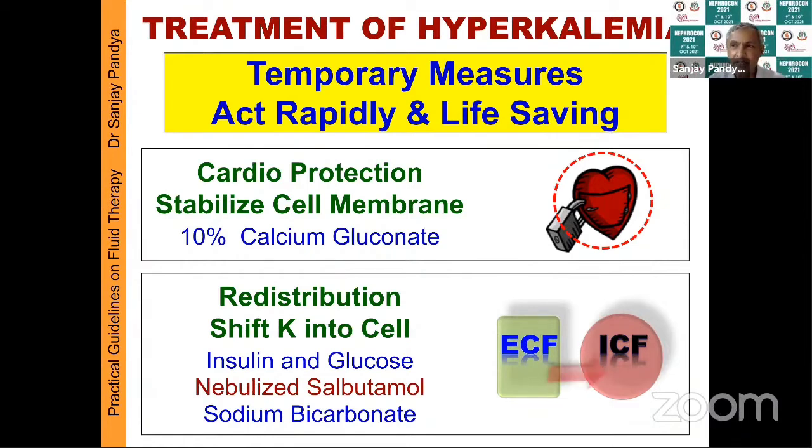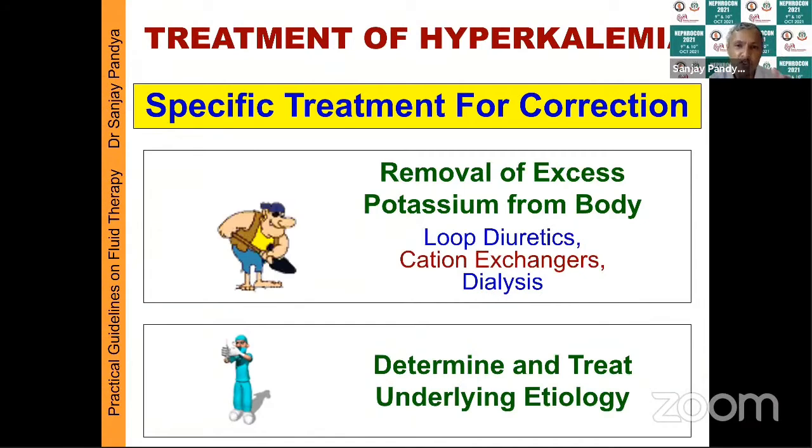Along with temporary measures, we should have specific treatment for correction, that is removal of the excess potassium from the body. Measures are loop diuretics, cation exchange resins, and dialysis. And don't forget why the patient has developed hyperkalemia. So treat the underlying precipitating cause, and this is how we will go ahead.